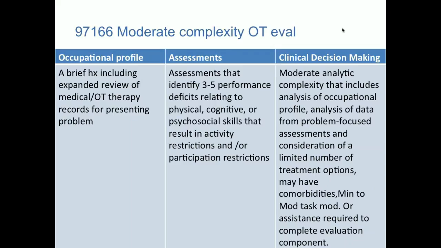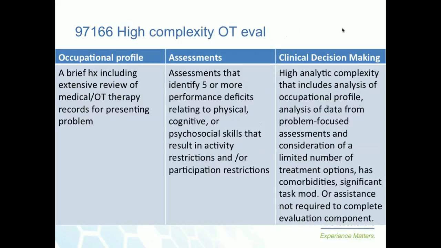Then you have moderate analytic complexity that includes analysis of the occupational profile, analysis of data from problem-focused assessments, and consideration of a limited number of treatment options, but may have comorbidities and may have minimum to moderate task modification or assistance required to complete the evaluation component to meet the moderate complexity OT evaluation.